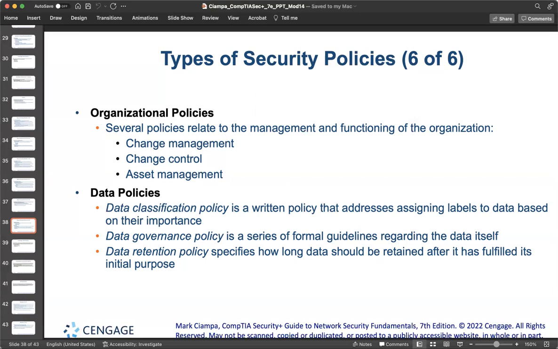You also have data governance policy, which is a series of formal guidelines regarding the data itself and how it is being handled. You also have data retention policy, which specifies how long the data should be retained after it has fulfilled its purpose. Usually legal rules and constraints have a big impact on the data retention policies, especially if you are in a regulated or heavily regulated business.